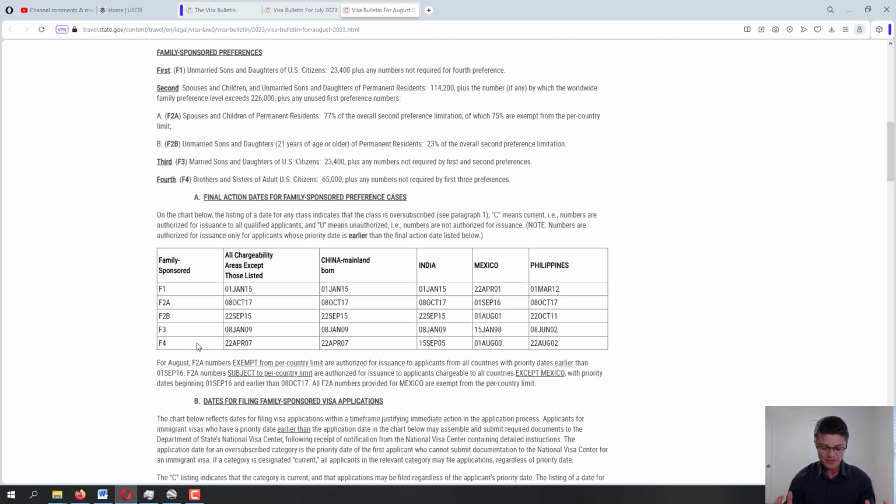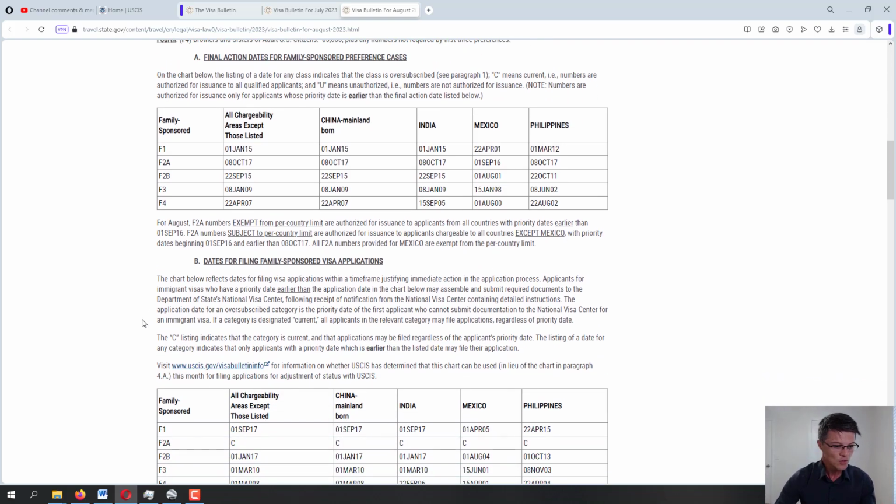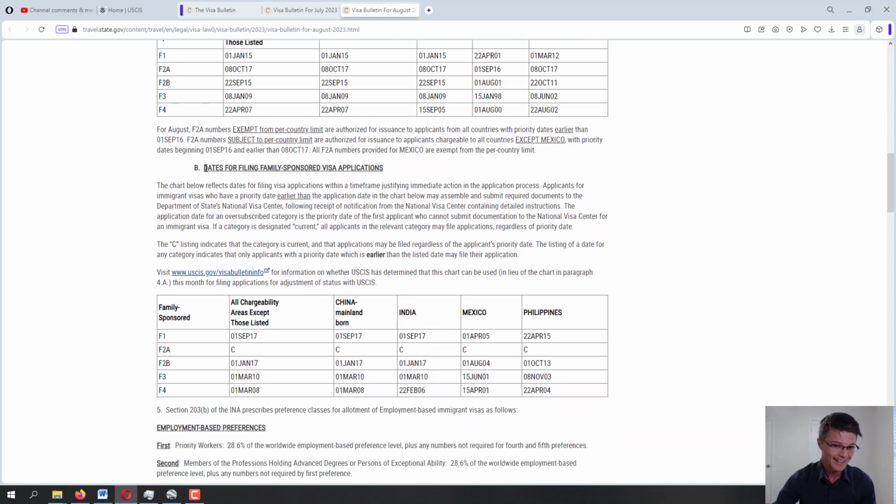But basically, if you want to see from the beginning to the very end when the immigrant visa is going to be available, you will be looking at graph A, final action date. Now, if you want to know when the NVC portal is going to be opening up so that you can start your documentary qualification process, in that case, you will be looking at graph B, dates for filing.